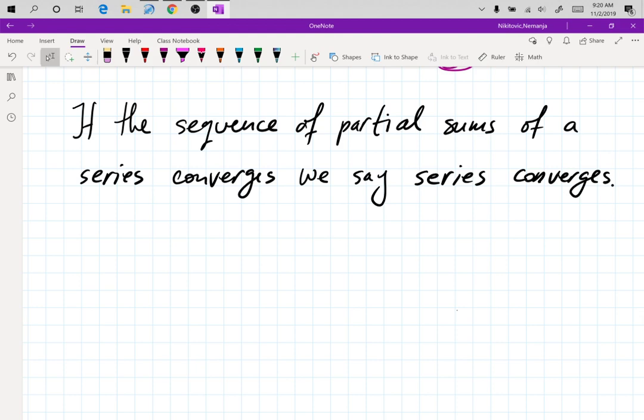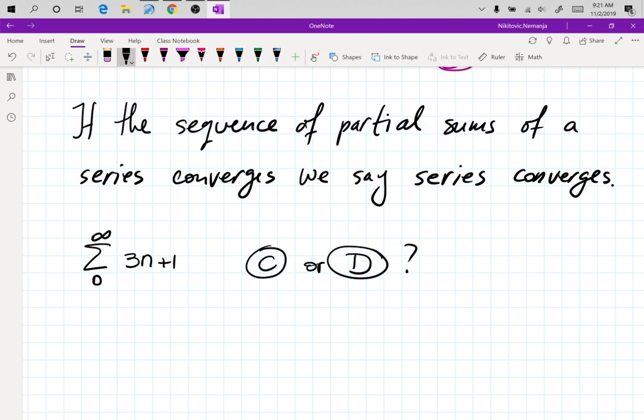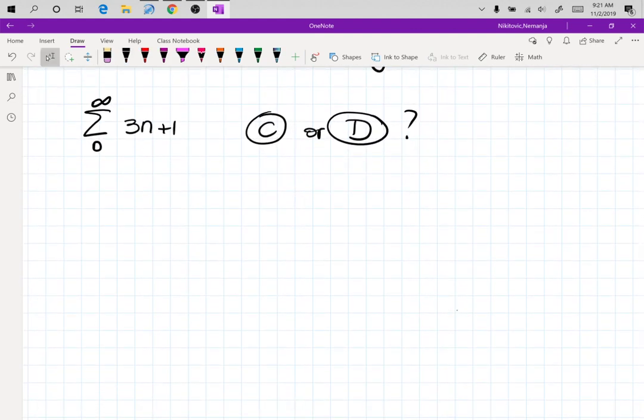Now, let me give you an example of what I mean. If I say that I have a series of 3n plus 1, whatever, going from 0 to infinity, and I want to know if this converges or diverges, the long way, the annoying way to do this is to create the sequence of partial sums.